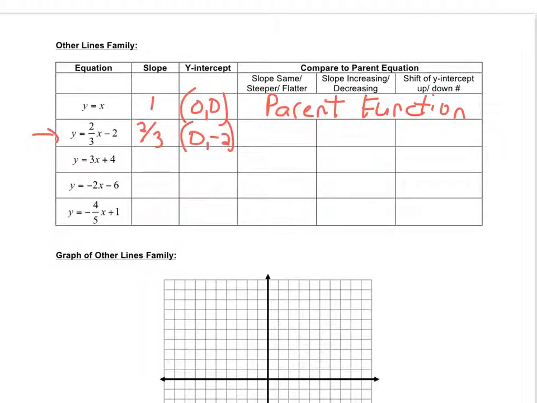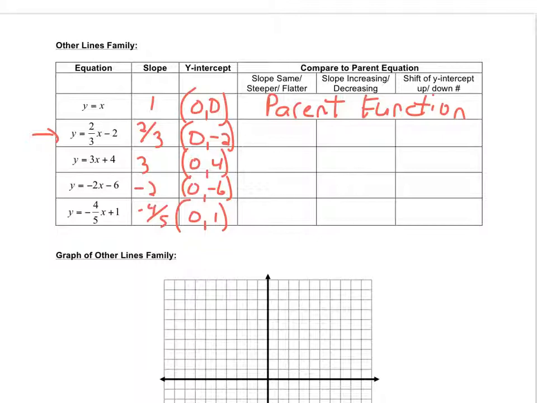And the next one, we have a slope of 3, and the y-intercept is (0, 4). And then the next one, -2 is the slope, and (0, -6) is the y-intercept. And last but not least is another negative slope, -4/5, and then (0, 1) is going to be the y-intercept.